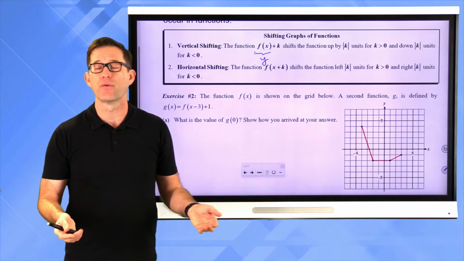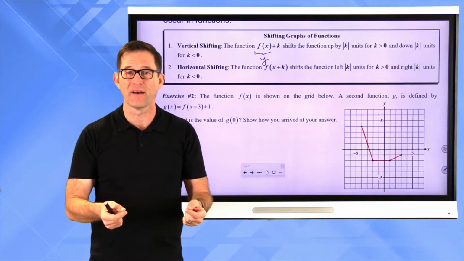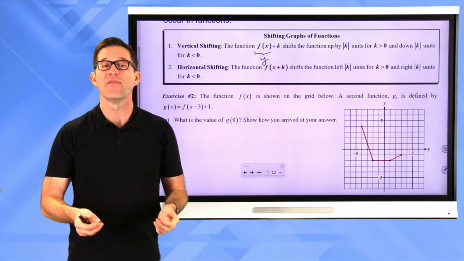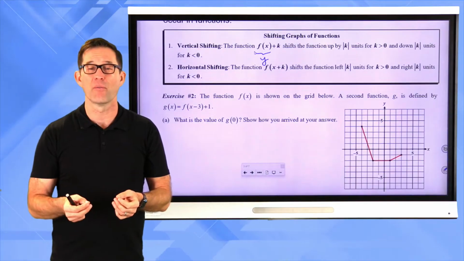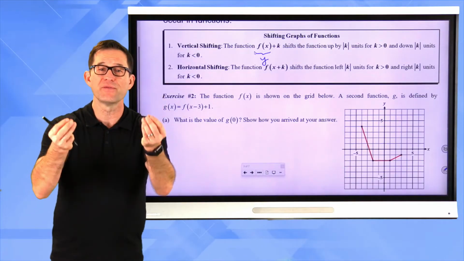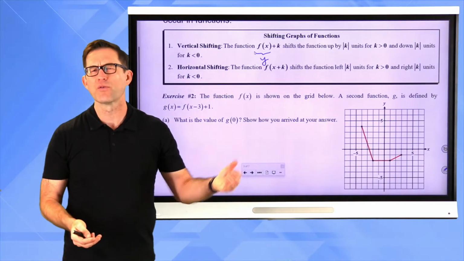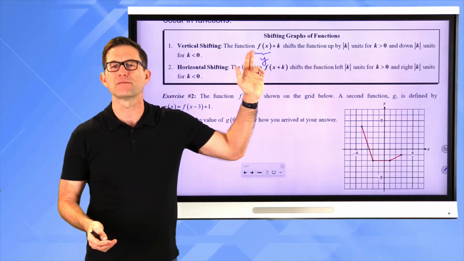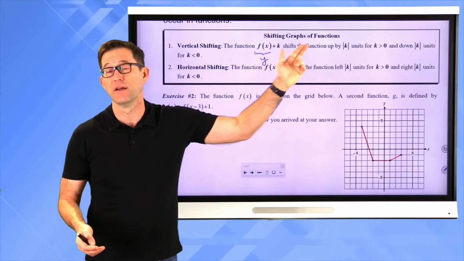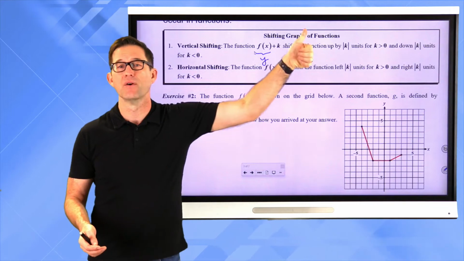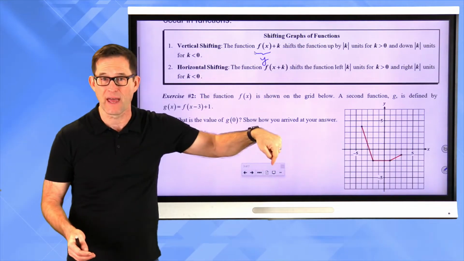On the other hand, if I subtract a positive number from f of x, then I'm subtracting that value from all the y values, and I'm shifting the function down. We're calling it f of x plus k, and as long as k is positive, it goes up, and if k is negative, it goes down.